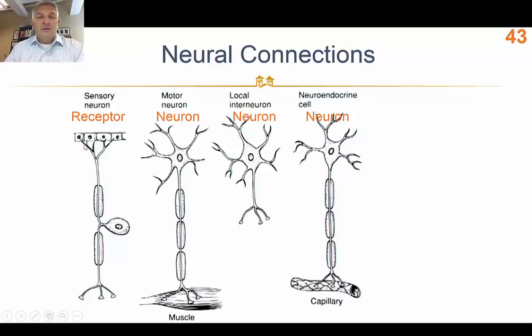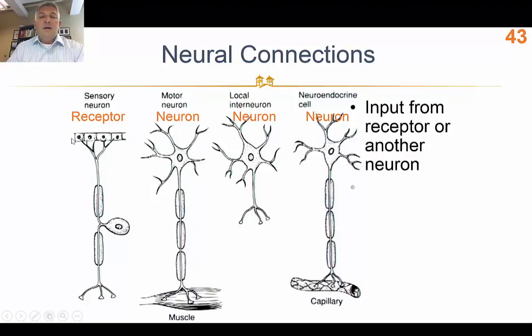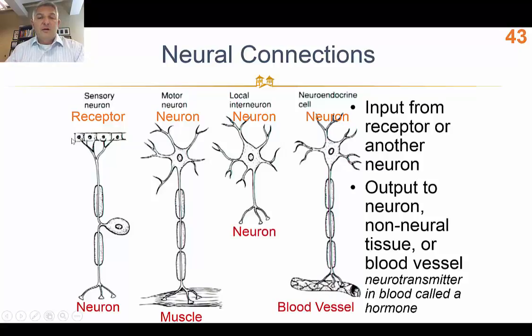In terms of targets, there's a lot of different outputs that neurons can have. So we can have a neuron, in the case of a local interneuron, projecting to another neuron, and that's very common, right? We could have a sensory neuron from a receptor projecting to another neuron. In the case of the alpha motor neurons that control our muscle movements, they're receiving input from central nervous system neurons, and their target is muscle fibers.